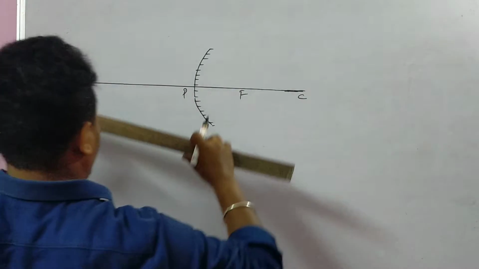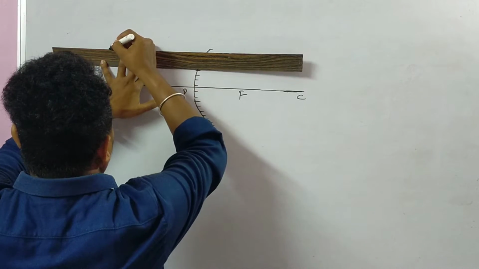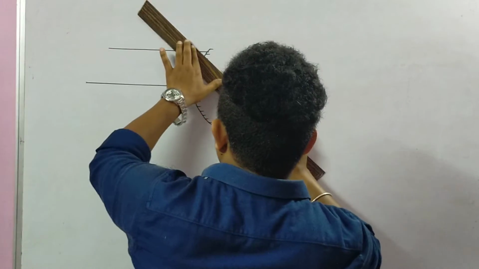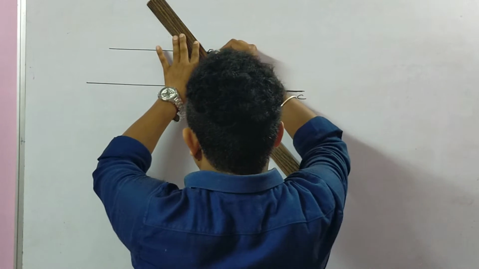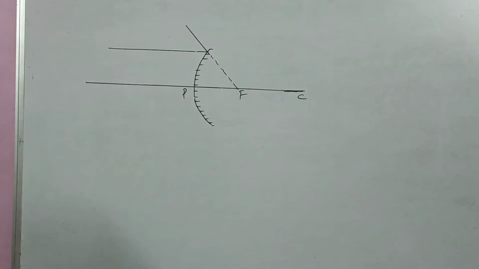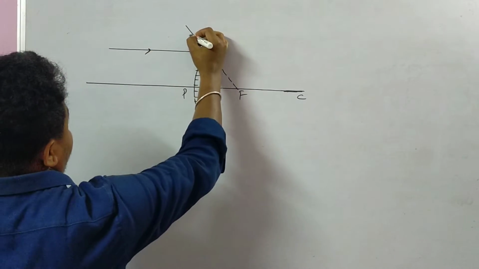So if I consider a ray coming from infinity like that, it will be diverged this way. We have studied all this, so I think we have no problem identifying the diagram. This will be the direction.